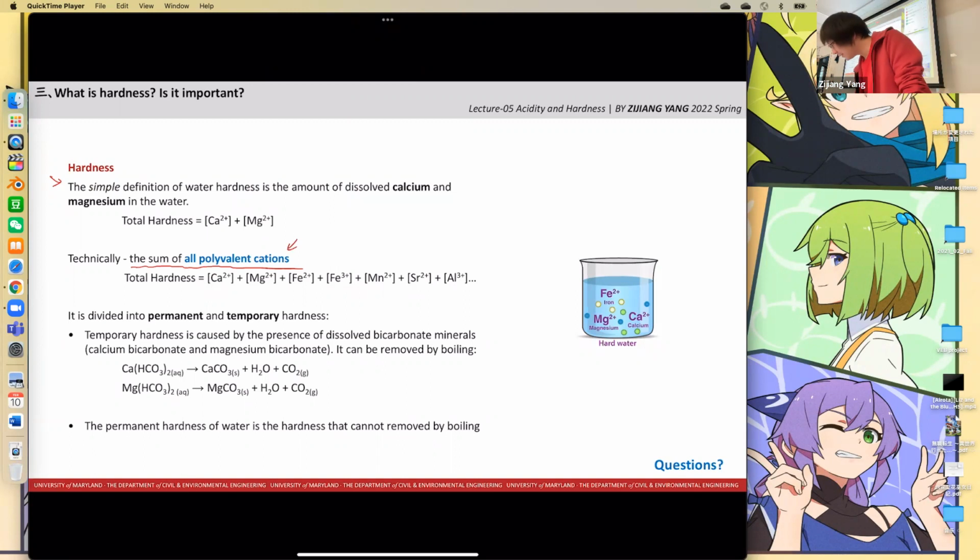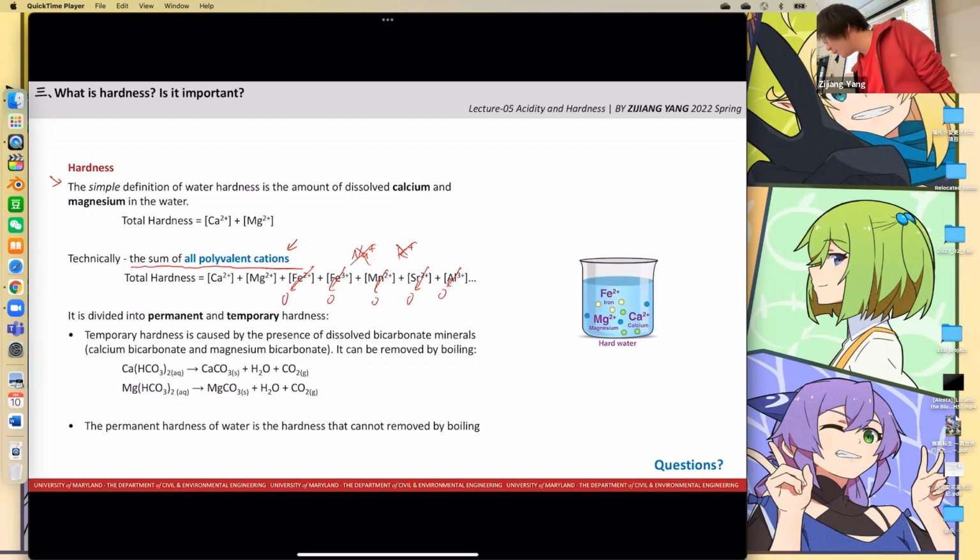In other words, the concentration of sodium and potassium does not count. But in natural water, the main components are calcium and magnesium. And the iron and some other species, the concentrations are usually pretty small, so in many situations we may ignore them.